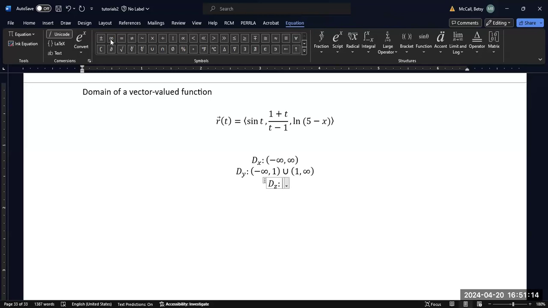And then we're going to look at the domain of our z component. And log has an asymptote. In this case, it's going to be at 5. And so the question is, is this going to open to the right and be bigger than 5, or is it going to open to the left and be for values less than 5?